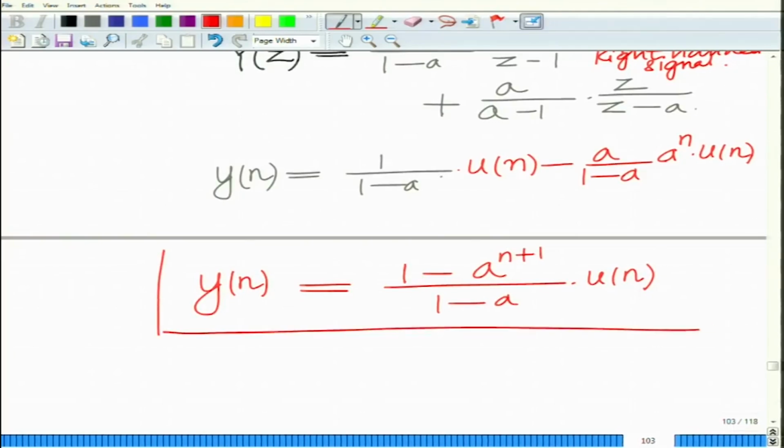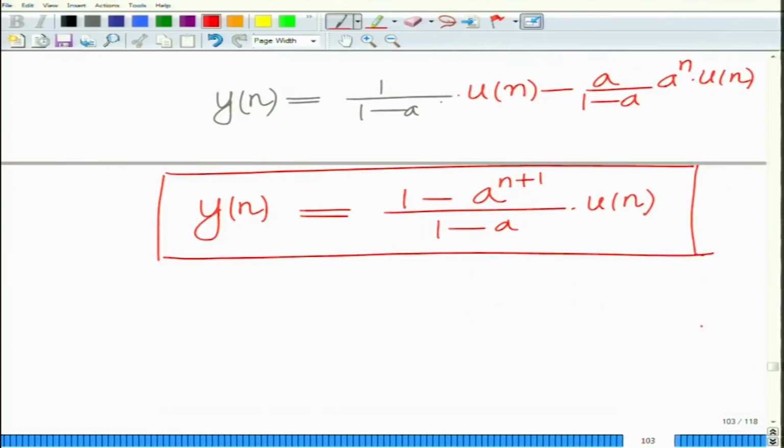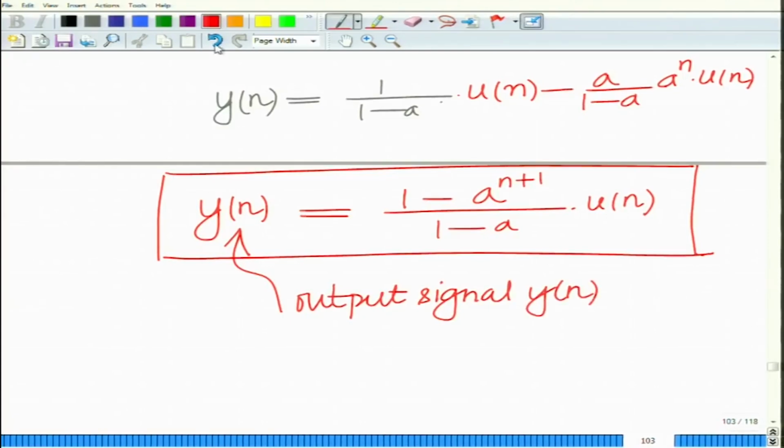This is therefore the output signal y(n), which we have evaluated using the z transform technique. All right.